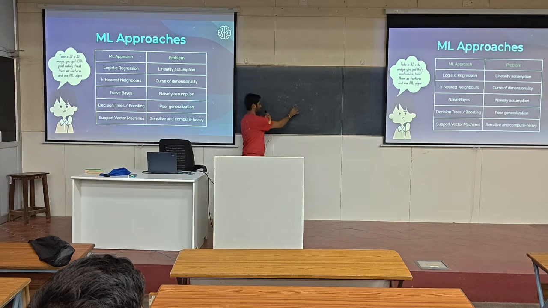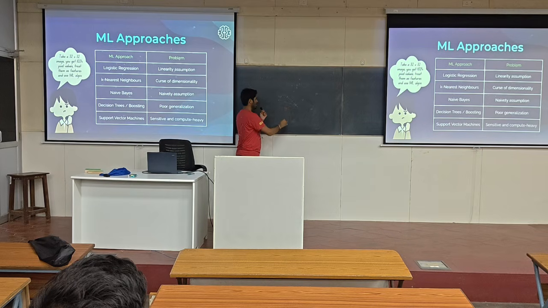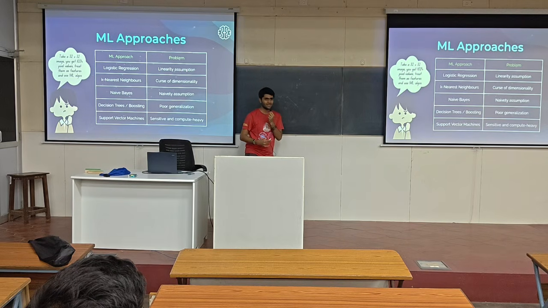Nearest in the sense you will calculate the Euclidean distance, the Pythagorean theorem distance, and you will find which is the nearest one, and maybe you will see the k nearest neighbors. So say 3 nearest neighbors or 5 nearest neighbors, and whichever class is the maximum, you will classify this image as belonging to that class. It seems simple. We are just assuming that related images will be near.